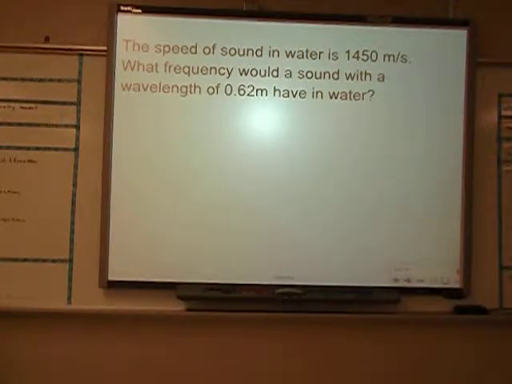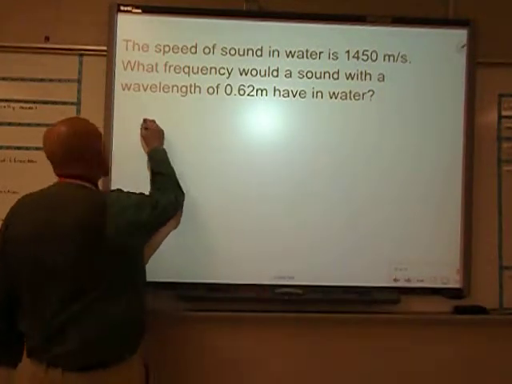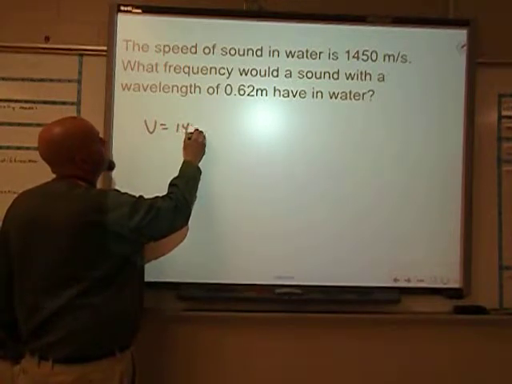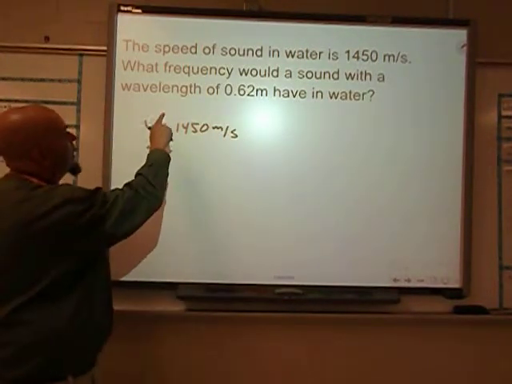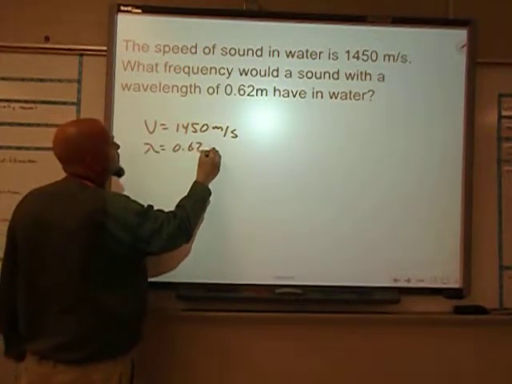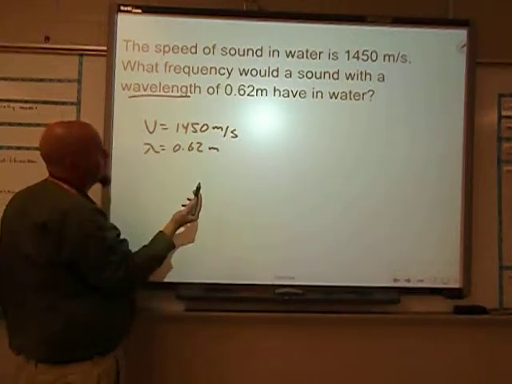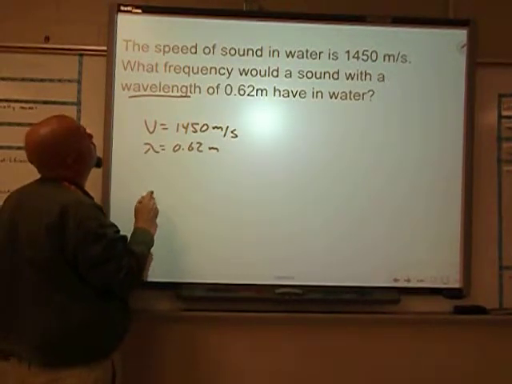We can obviously use that equation algebraically, just like any other equation. Say 1,450 meters per second is the velocity, and then I have a wavelength of 0.62 meters, and that is a wavelength because that's what it tells me. It's not a distance. I want to know what the frequency is.